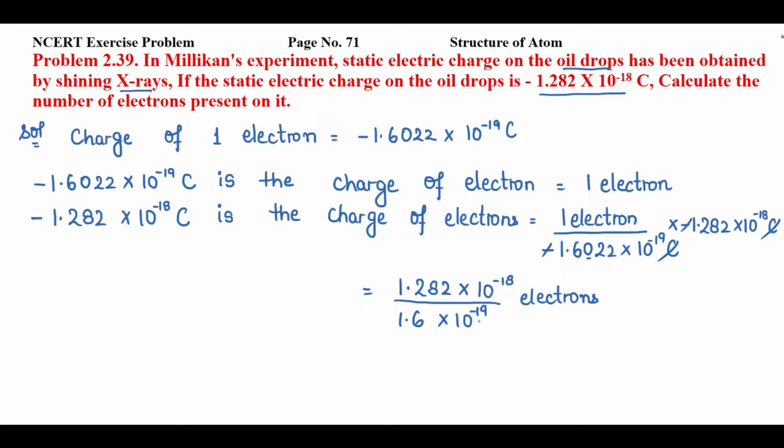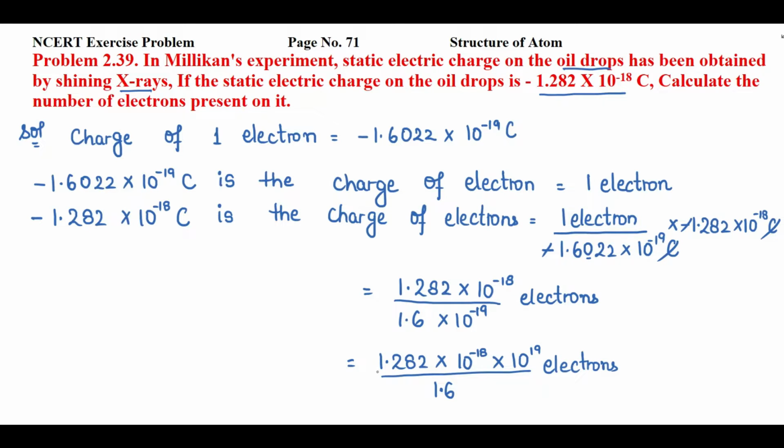Now here if you see, this 10 raised to power minus 19 is negative in the denominator. When I take this power to the numerator, it will change its sign. So 1.282 into 10 raised to power minus 18 into 10 raised to power 19 divided by 1.6 and units electrons only, right?